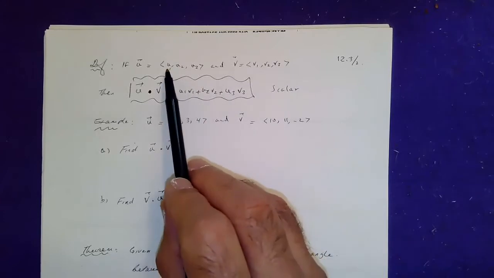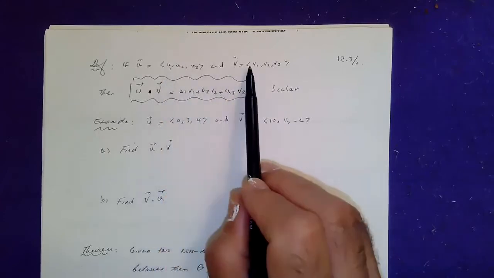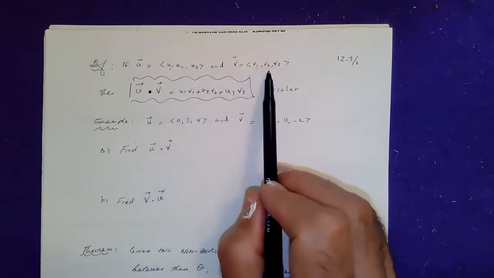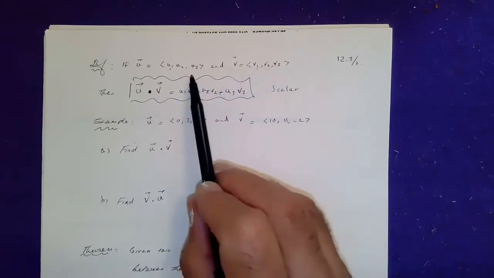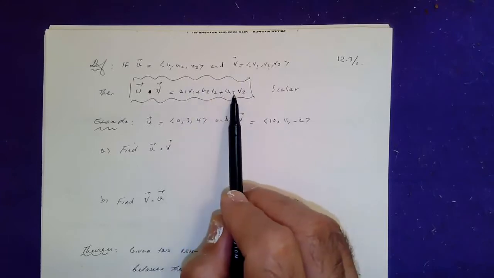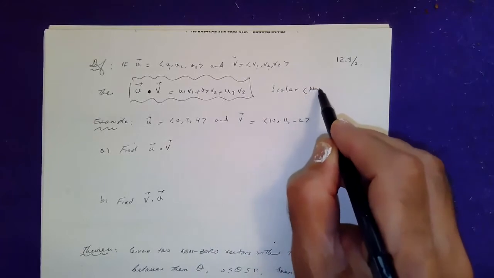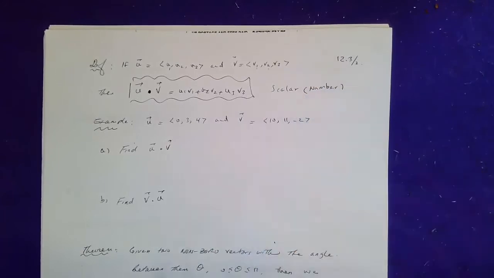In other words, you multiply the x component of u by the x component of v, the y component of u by the y component of v, and so on, and add them up. At the end of the day, you get a scalar. Scalar means the answer is always a number. It could be zero, it could be negative, or it could be a positive number.